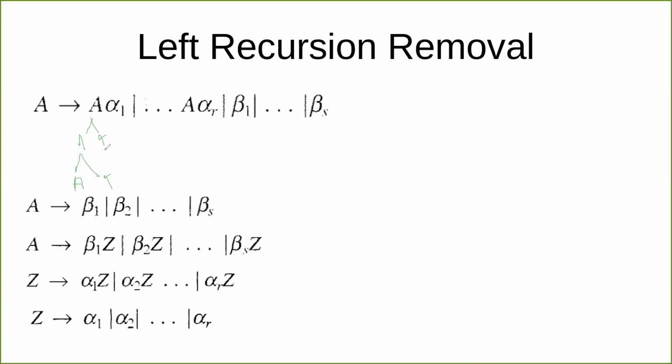If I use this production 5 times, then there would be 5 times alpha 1, and then A. This would be the yield of using this production 5 times.